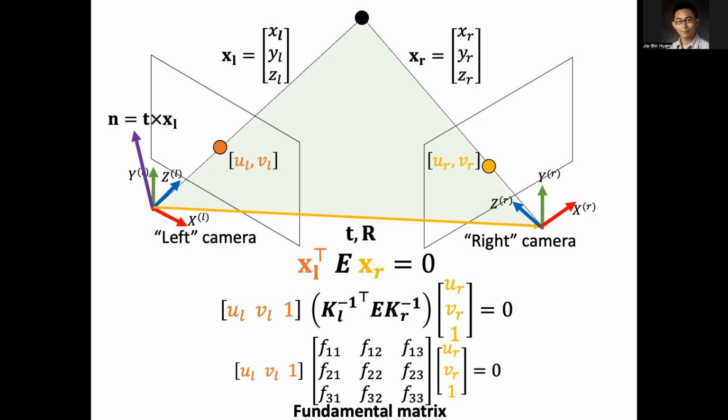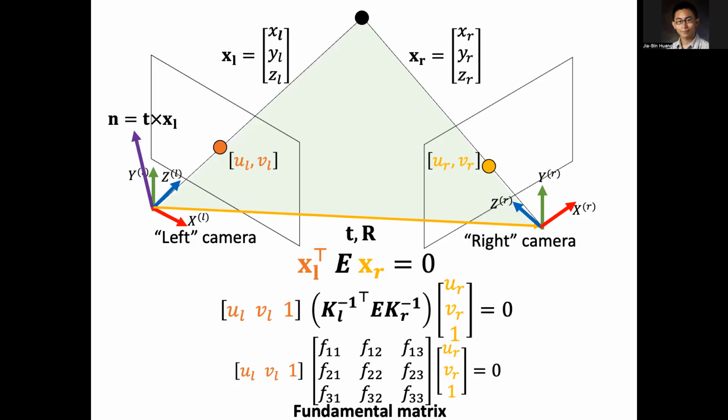So what does that equation look like in terms of UR, VR? I have A times UR plus B times VR plus C. If I plot that, what does that look like? Any idea? Yes, it's a line equation.